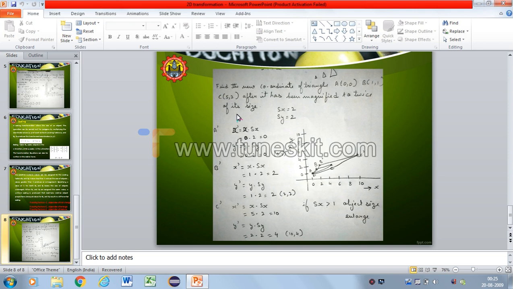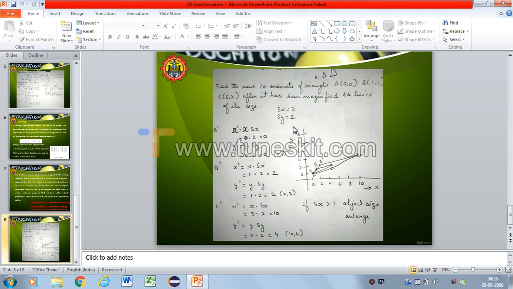Now our question is, we want to magnify this triangle to twice its size. Twice means we want to double its size. So it means your scaling factors have value 2, right? Now sx is 2 and sy is also 2.